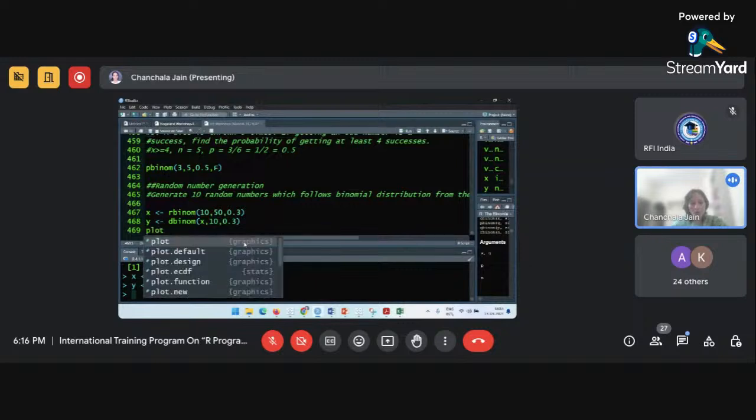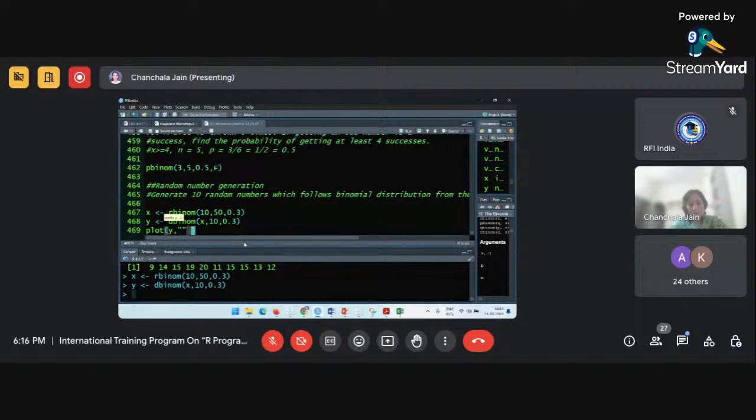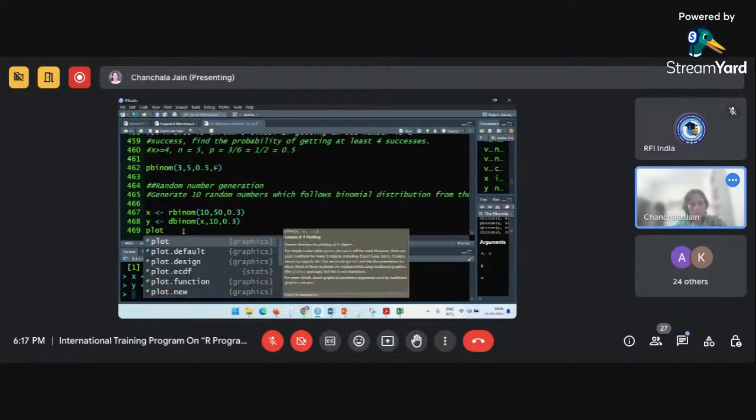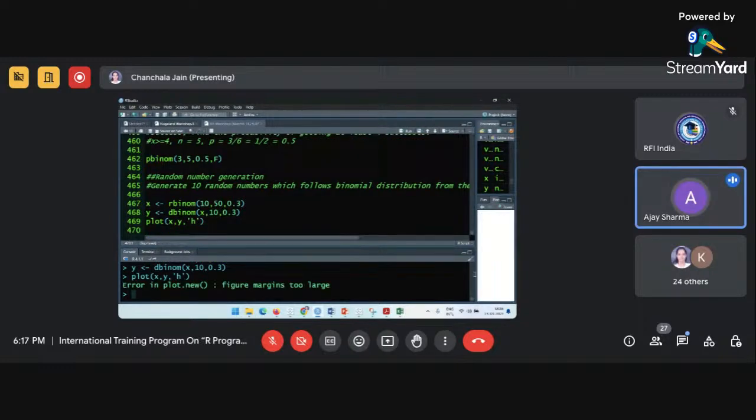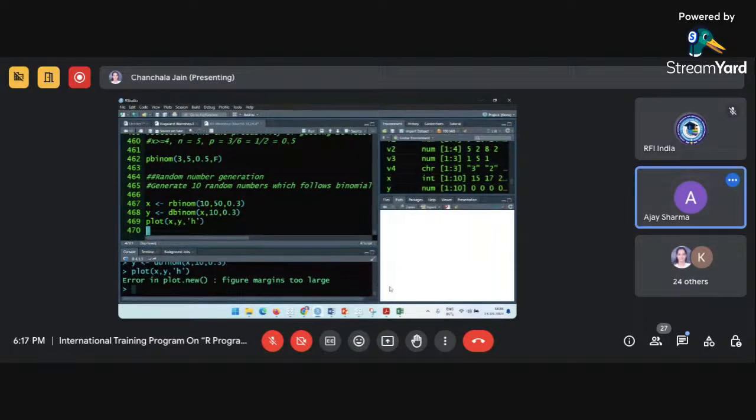Now, using a plot, I'm plotting Y. It should be X comma Y.